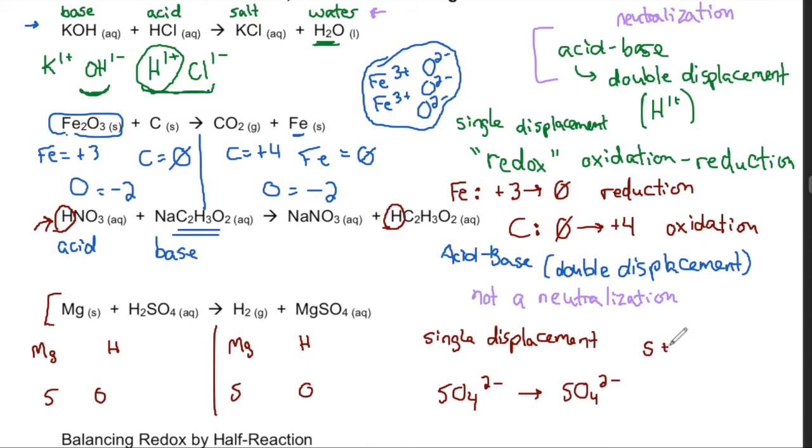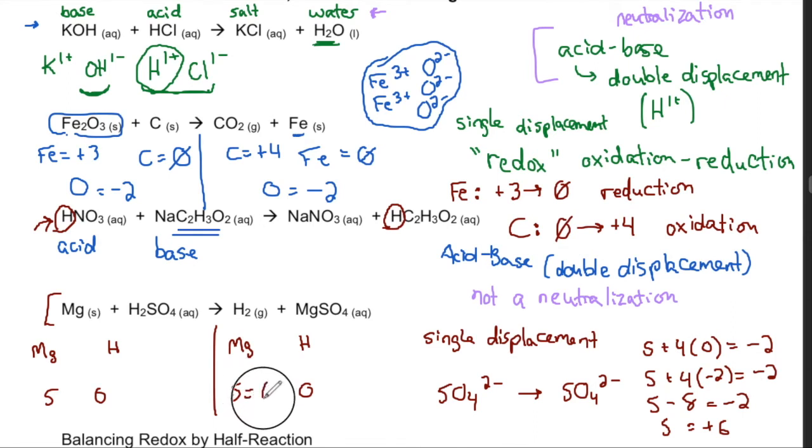We have sulfur and 4 oxygens adding up to a -2 charge. Oxygen is -2, so four oxygens give -8, and for the total to be -2, sulfur is a +6 oxidation number. So we have +6 for sulfur on both sides of this equation and -2 for oxygen on both sides.